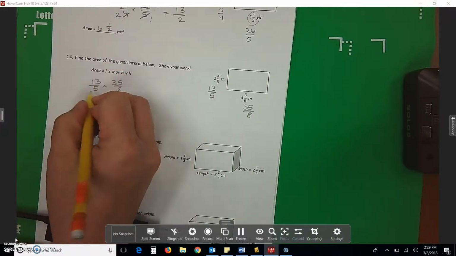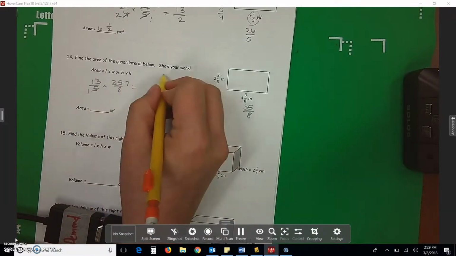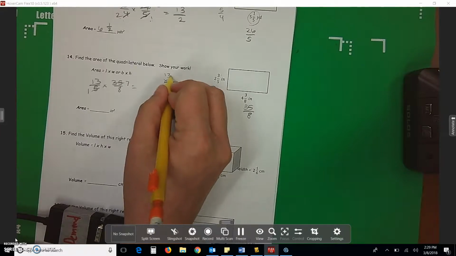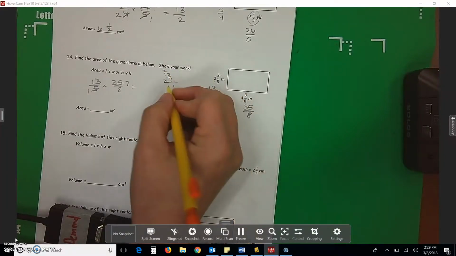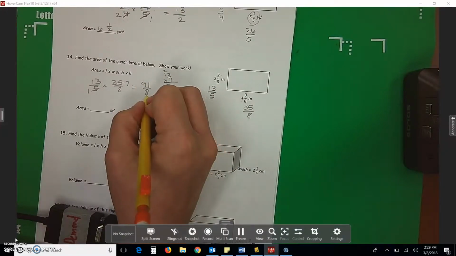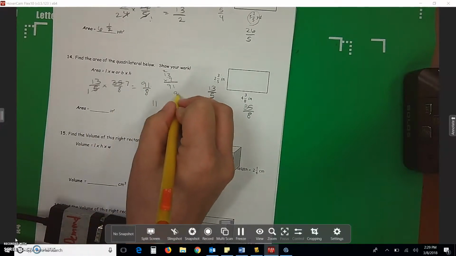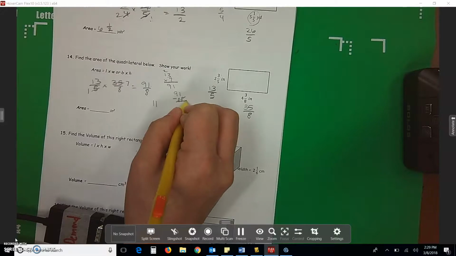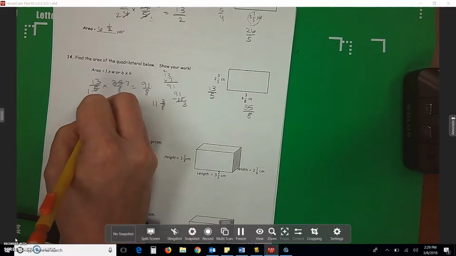But 5 goes into 35 7 times. 13 times 7 is 91, so I got 91/8. 8 goes into 91 11 times, which is 88. Gives us 3 leftovers, so we have 11 3/8.